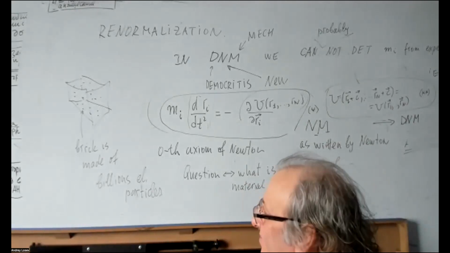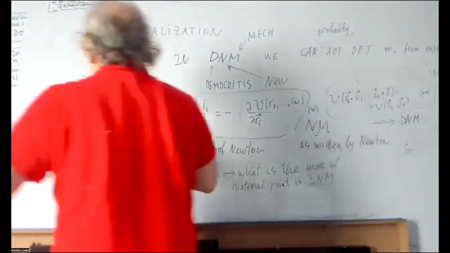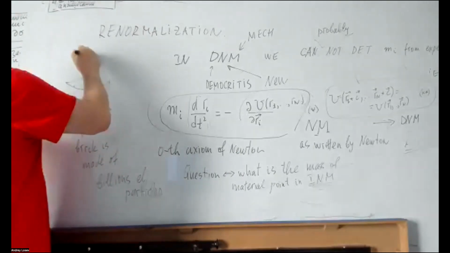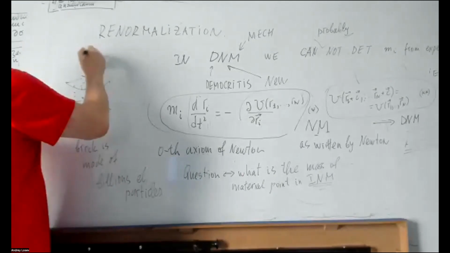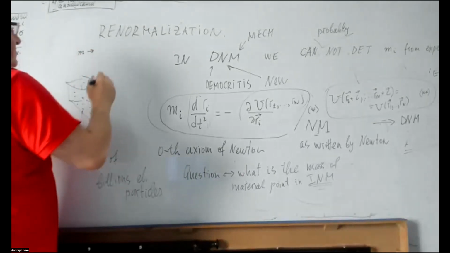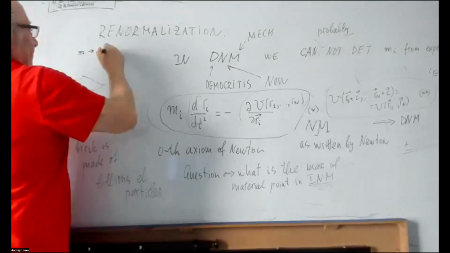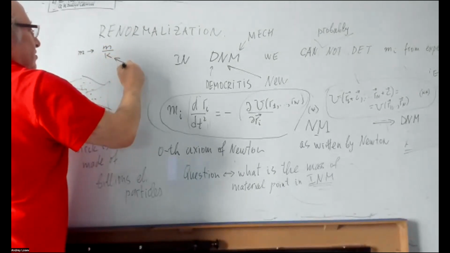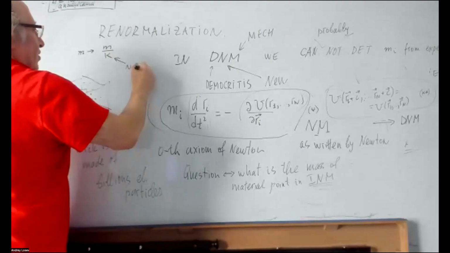But then you may say, let me do the following. Let me take M and divide M by some number K, natural number.